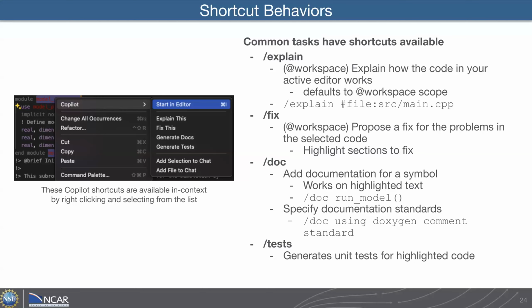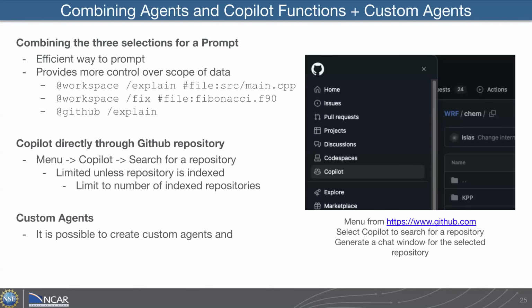The tests function here is just going to create a new file. It'll generate some unit tests for the code that you've highlighted. And you can combine all of these and be very specific about which files, which workspace, what data scope you want to be looking at.